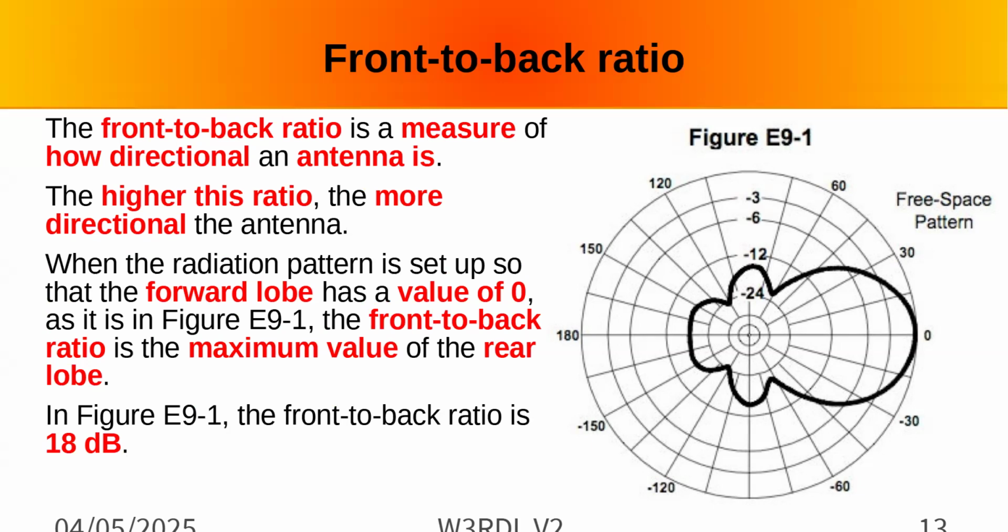Like I said, you look at the difference between the main lobe, which is the maximum point at 0, and the back lobe. On this one, it's the same chart as before. It's 18 dB. So that's the front to back ratio.